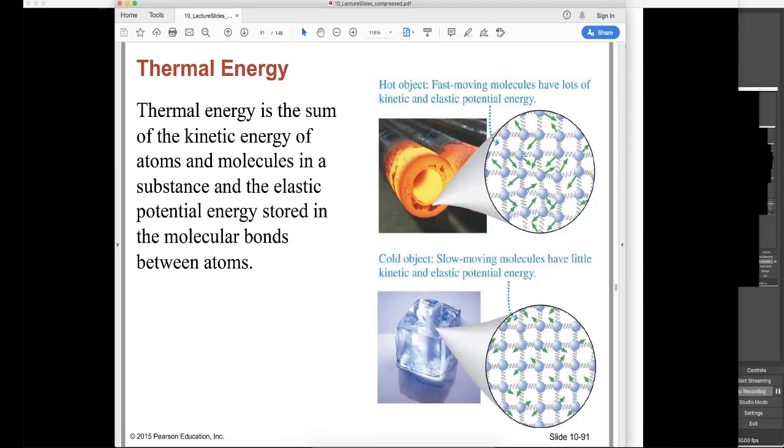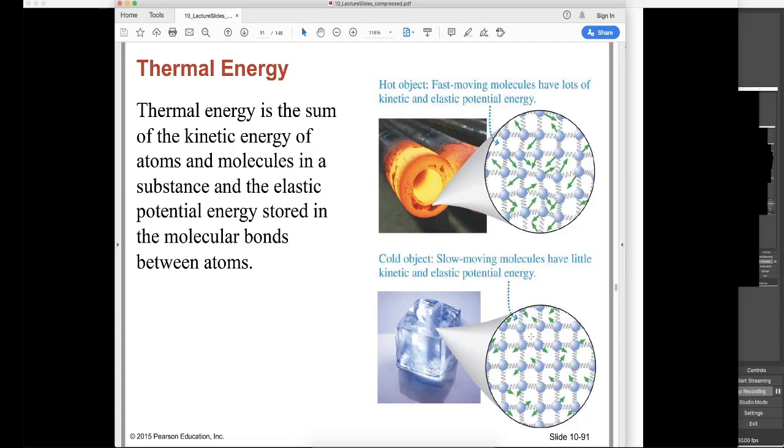In an object, the molecules are moving. If the kinetic energy of the molecules is higher and the potential energy is higher, then the average energy of each molecule in the object is higher. Then, microscopically, you get a high temperature object.